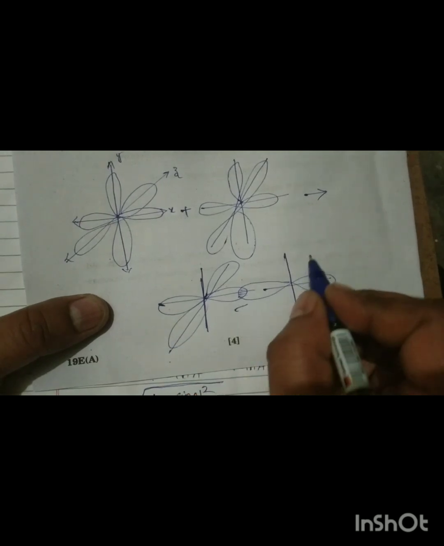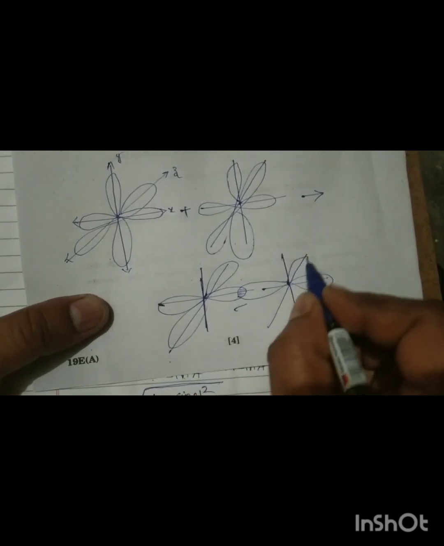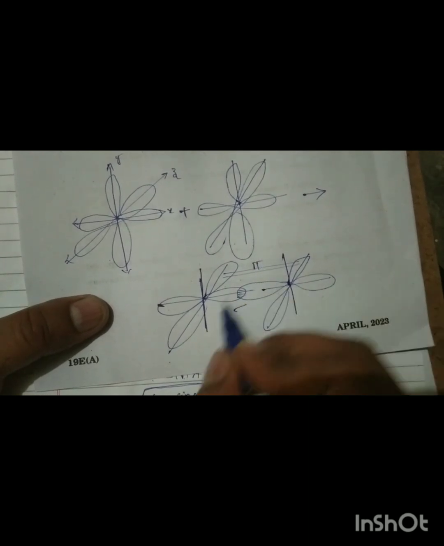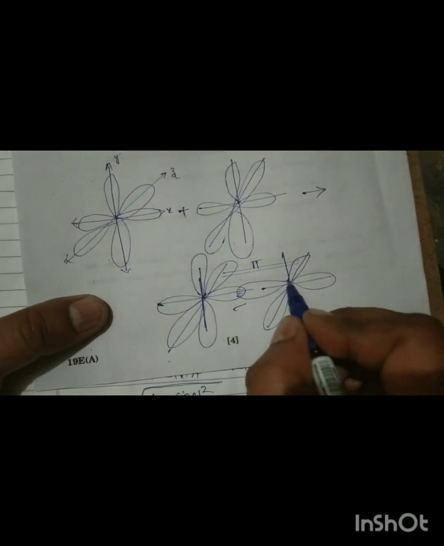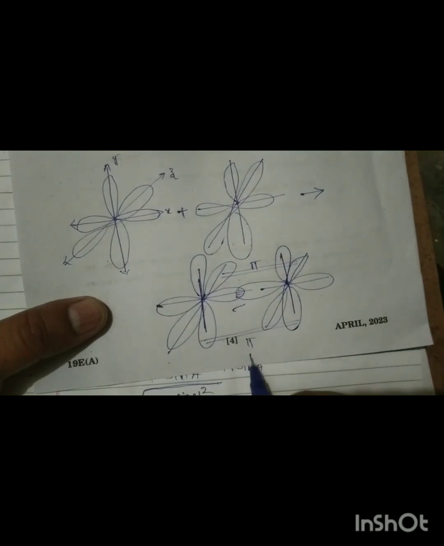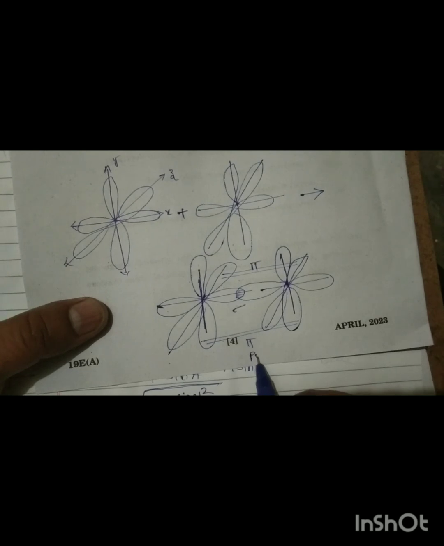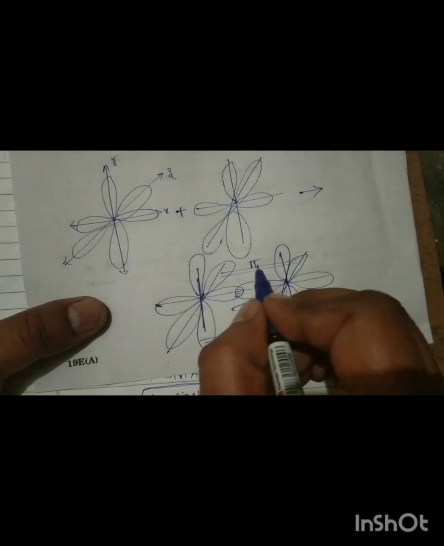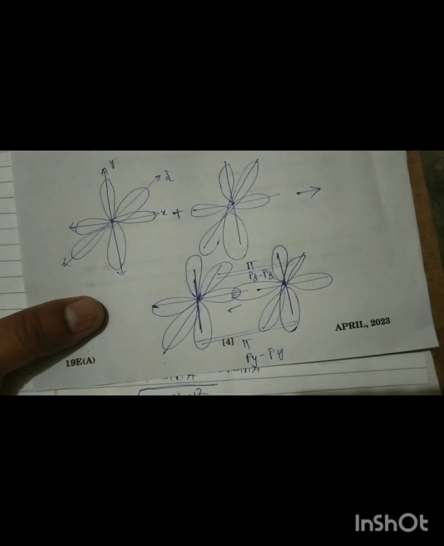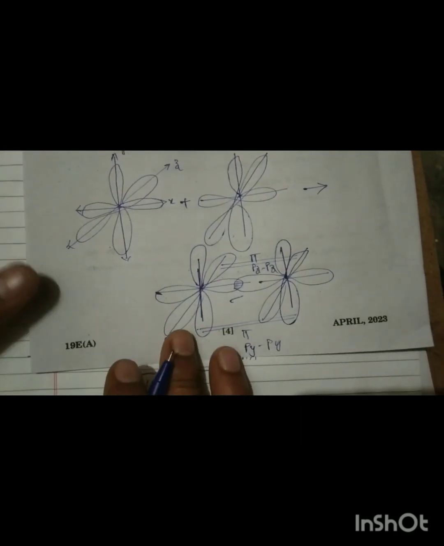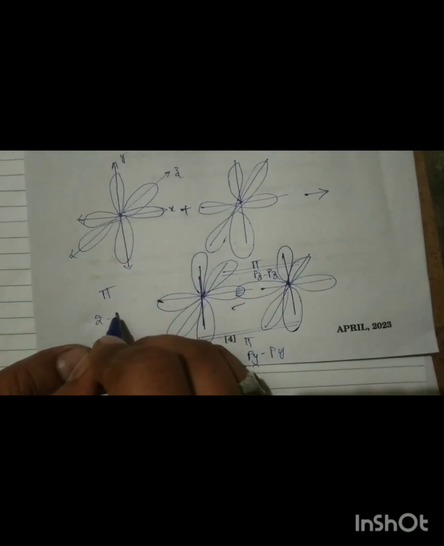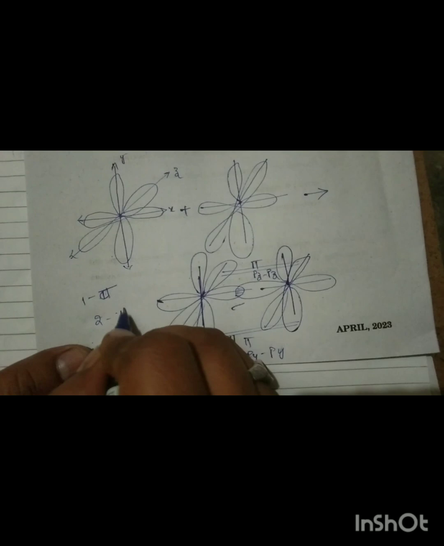The z overlap, you'll get a pi bond here. The y overlaps, we'll get pi py, and this is pi pz. Okay, you'll get the N2 molecule has a triple bond: one sigma bond and two pi bonds.